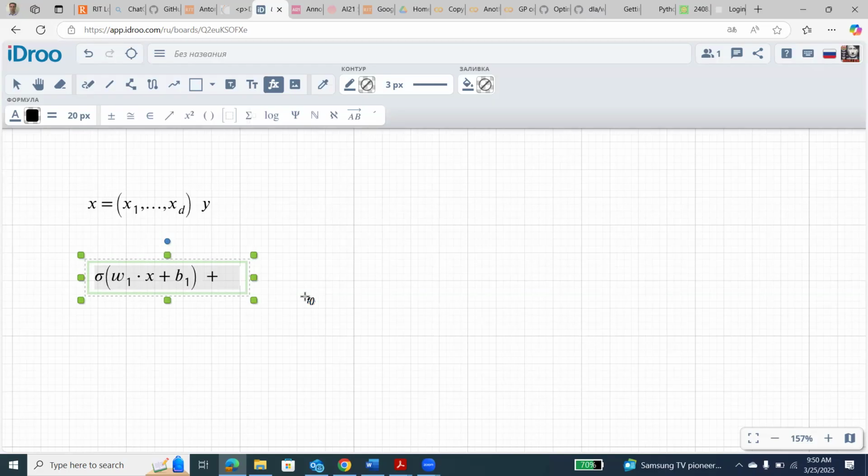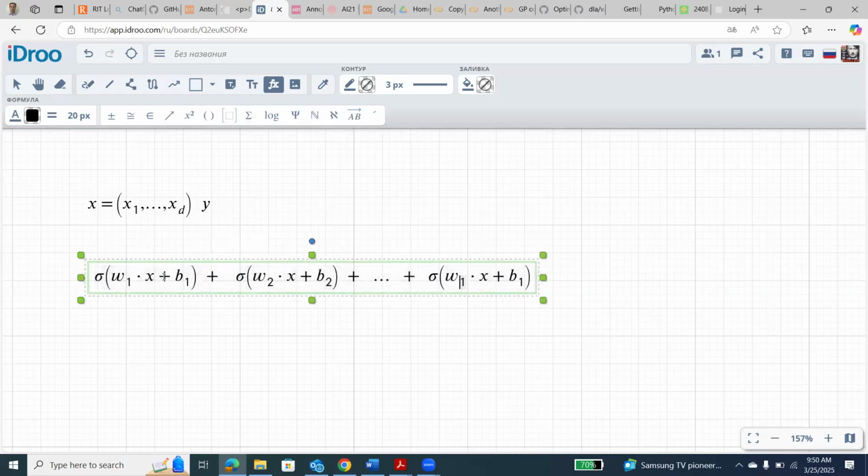Then we will use another sigmoid. And I leave space for weights also. And so on. Let's say we will use D1 sigmoids.